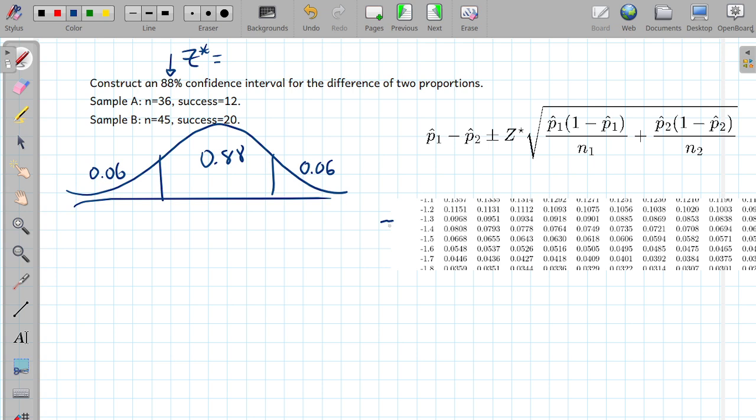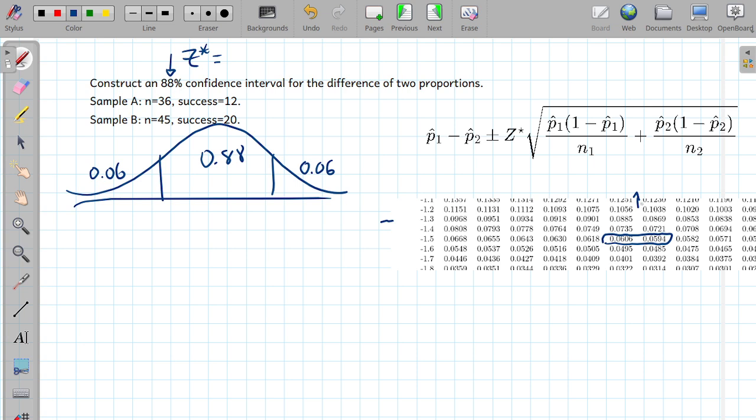We're going to go inside to find a value as close to 6 percentage points as we can. You'll notice that it is spanning these two numbers: 0.0606, which is too big by 6/10,000ths, and 0.0594, which is too small by the same amount. So the value we want is right in the middle.